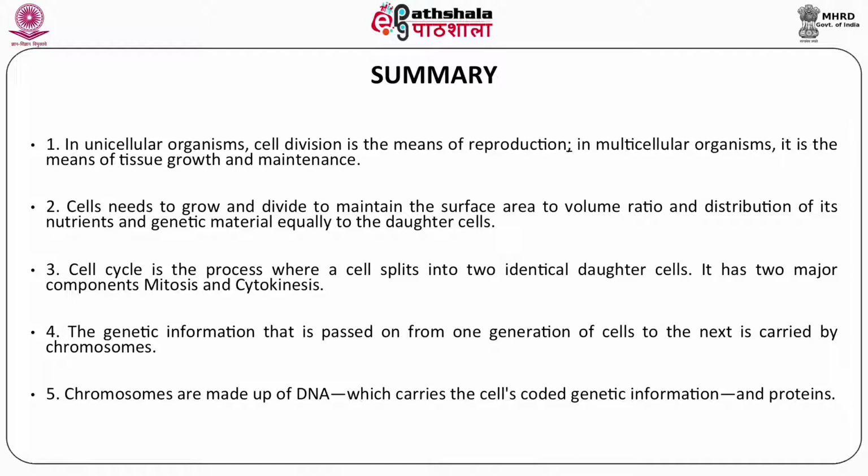Number 3, the cell cycle is the process where a cell splits into two identical daughter cells. It has two major components, mitosis and cytokinesis.